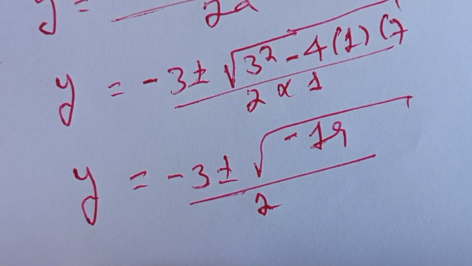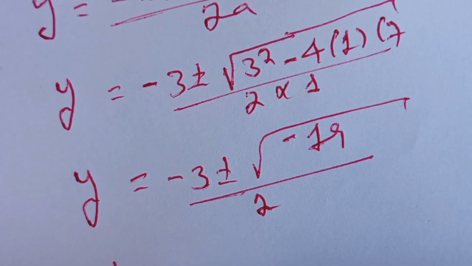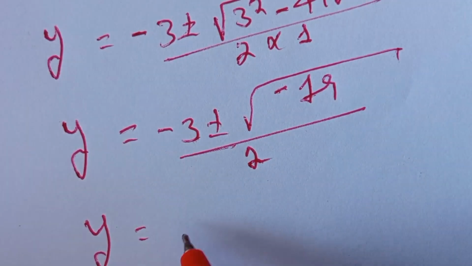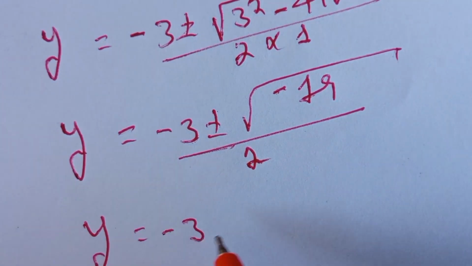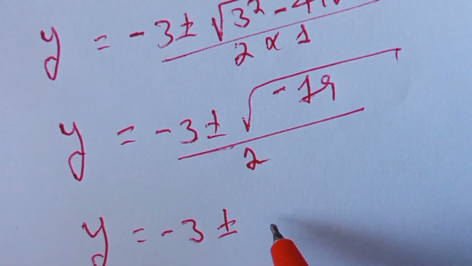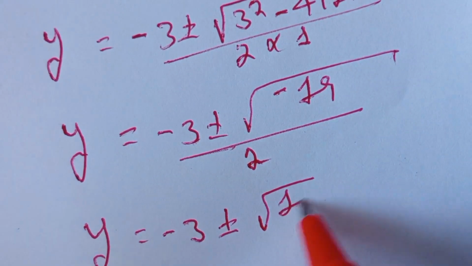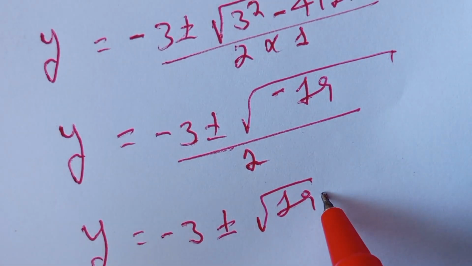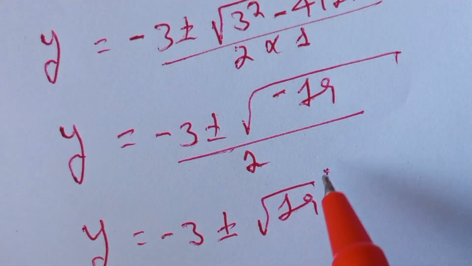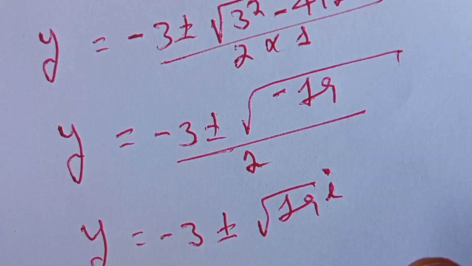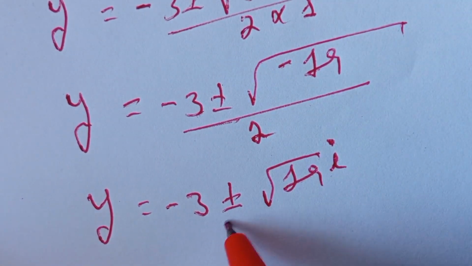So y is equal to minus 3 plus or minus the square root of minus 19 over 2, which is minus 3 plus or minus the square root of 19 times i, since this is negative, over 2.